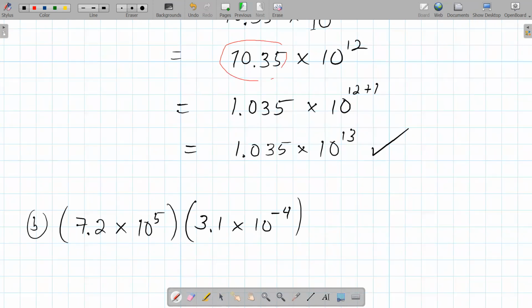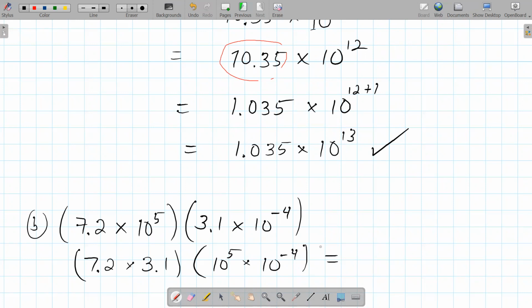So I'm just going to combine those without the exponent, which will be 7.2 times 3.1. And then I also combine the 10s with a power.